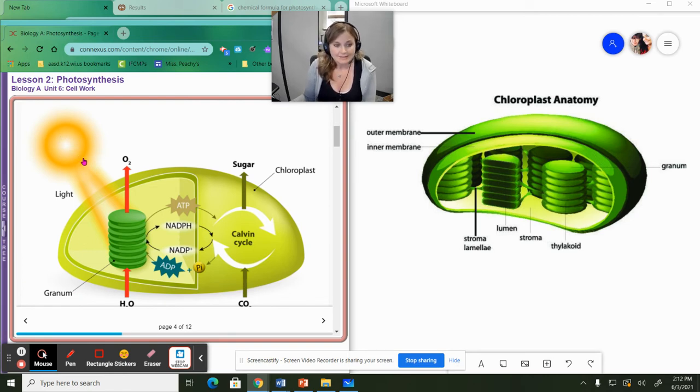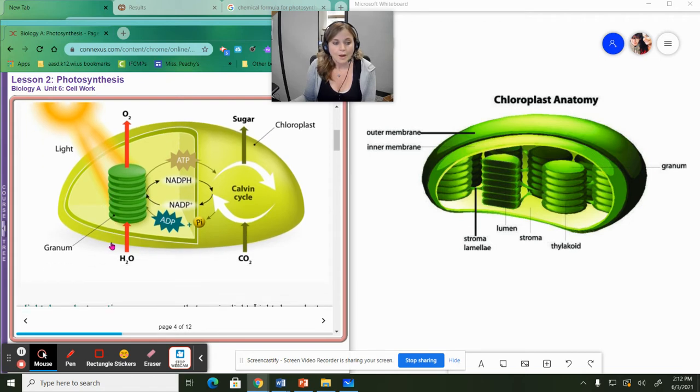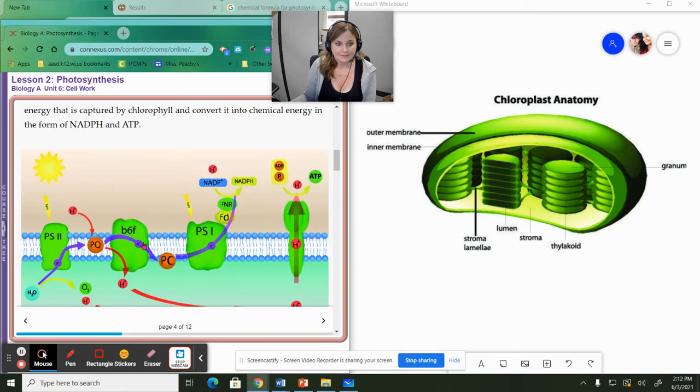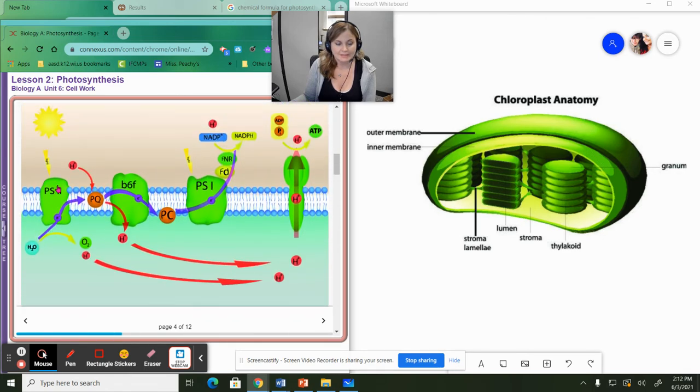What it does is, as we can see, an arrow showing water coming into those thylakoids, and light, and then oxygen leaving. This water molecule is split. We can see that here. Again, light coming in, water is being split.